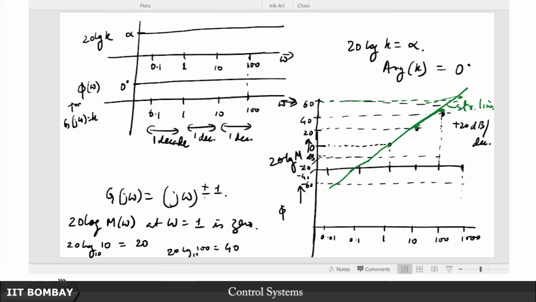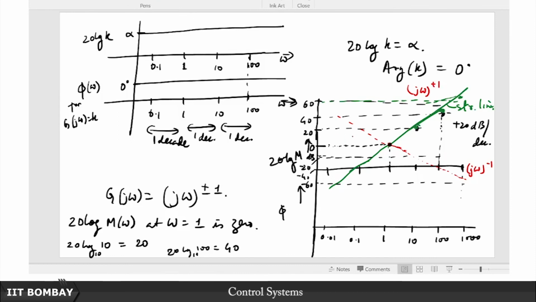Similarly, if you take this minus sign here, that will also pass through this point, the only difference being the slope. So this is for j omega to the power minus 1, that is a pole at the origin, and this is for j omega to the power plus 1, that is a zero at the origin.